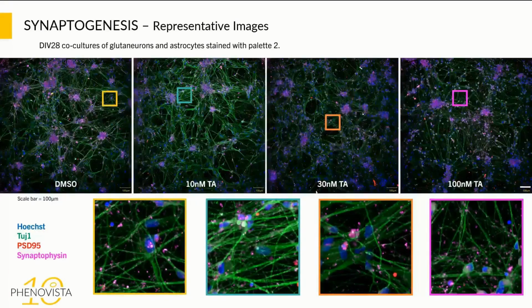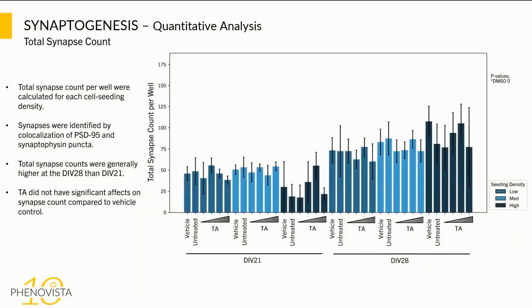And when we put this through our specially designed algorithm to look for co-localization of our PSD95 and synaptophysin to determine synapse counts, we can get quantitative data like here. So we did test different seeding densities with co-cultures.